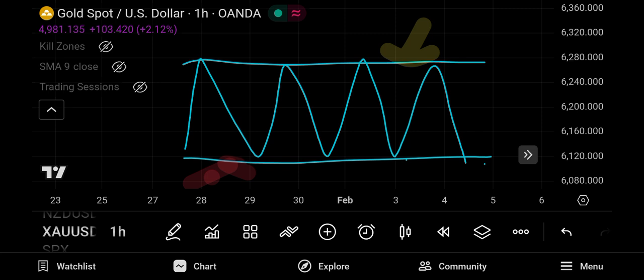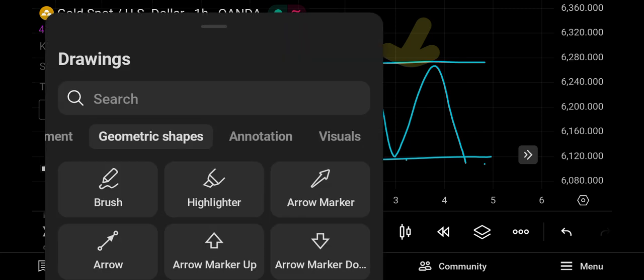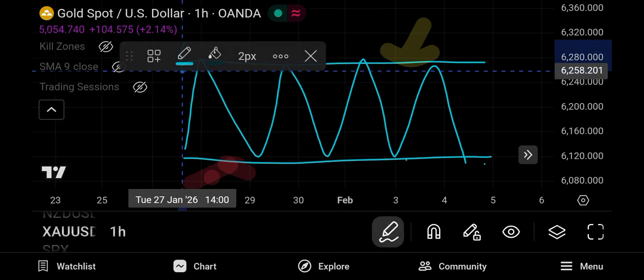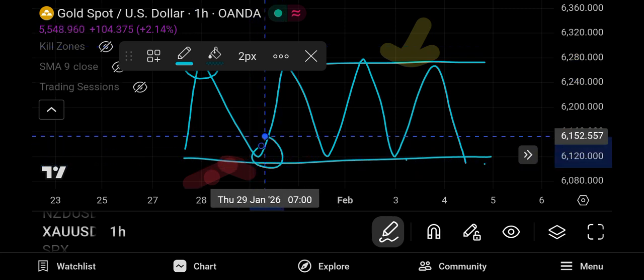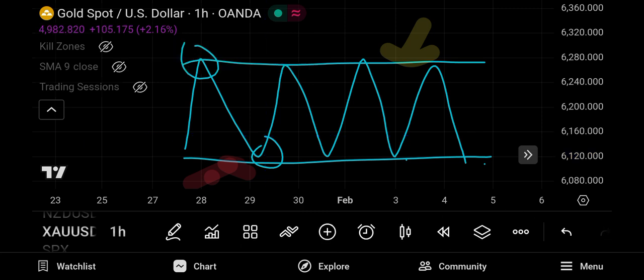So they'll wait for two tops to get hit. Let's say this top, and this down, and this top again.